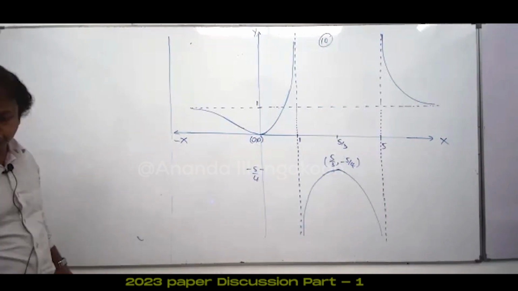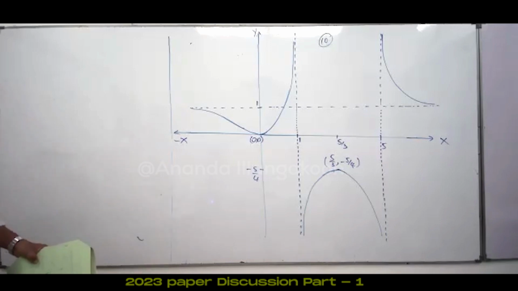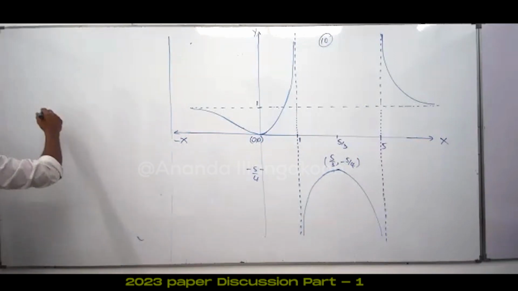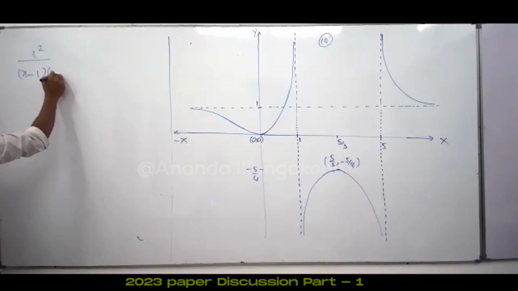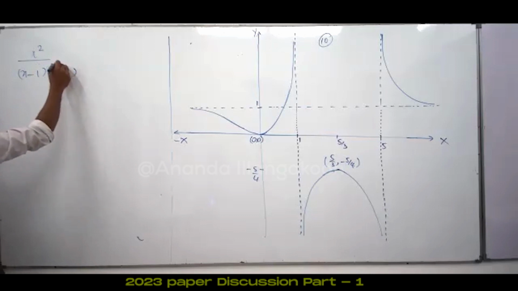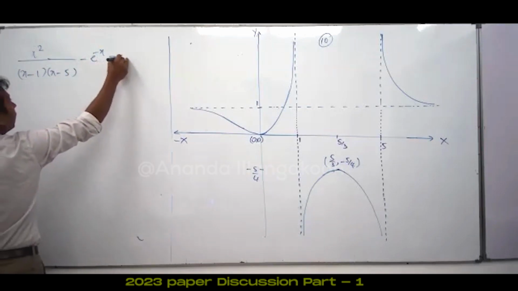Okay. This is the equation given to us. Hence means using this graph. x squared divided by (x minus 1)(x minus 5), minus e to power minus 6 equals 0.